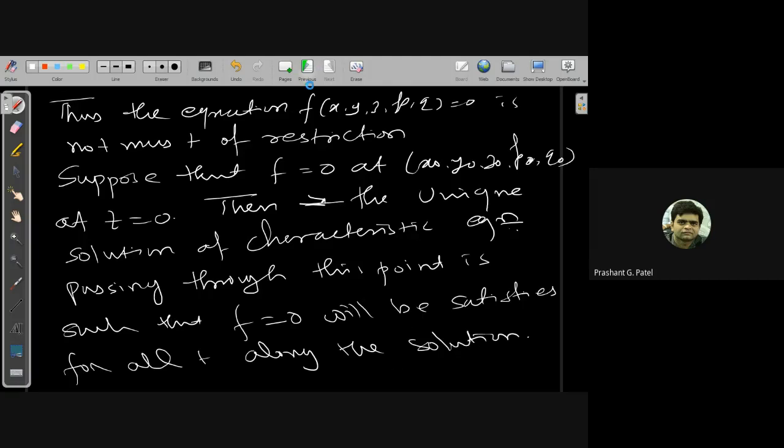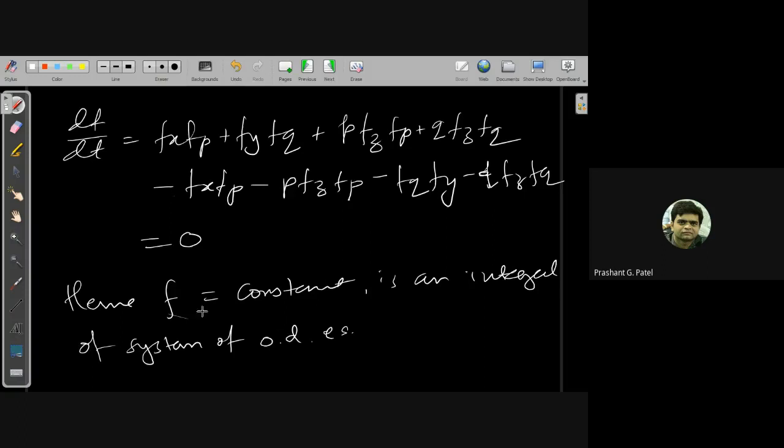Why? Because this gives you f equal to constant, and if you change the value of this constant, it will have a different solution. But now we suppose that at the initial point f is 0, then the solution will be 0. That means f is 0, and that will satisfy all the conditions.